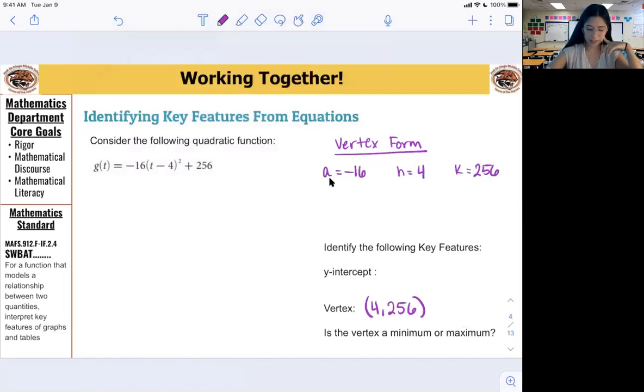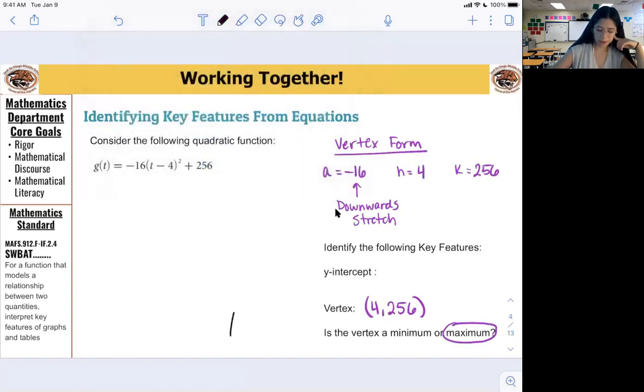And then the -16 tells us a little bit of info. What do we know from here? That it's downwards and a stretch. Good. So will this vertex be a minimum value or a maximum value? Good, Lauren, it's a maximum. Similar to the previous problem, right?